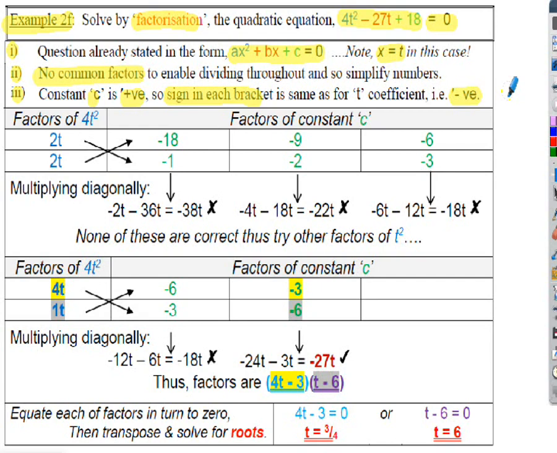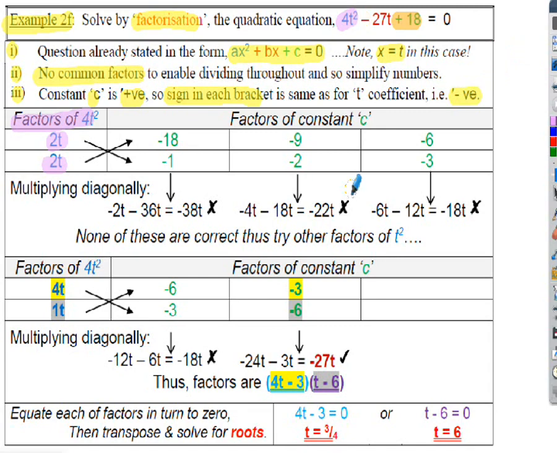But I'm going to use the same approach as in the previous table. So first of all, I'm going to try factors of 4t squared being 2t and 2t, because 2t and 2t multiply together to give you 4t squared. So they're definitely factors of 4t squared. I'm looking at factors of the constant 18 here. So I want two numbers that multiply together to give me positive 18. Now don't forget they've got to be negative values in this case because we've got a negative value for the b coefficient, negative 27.